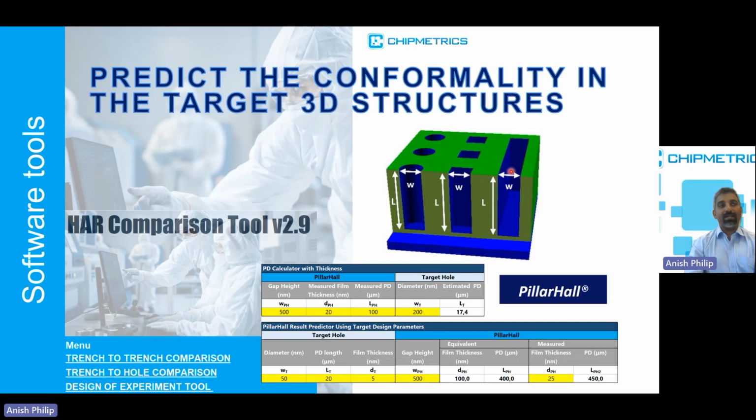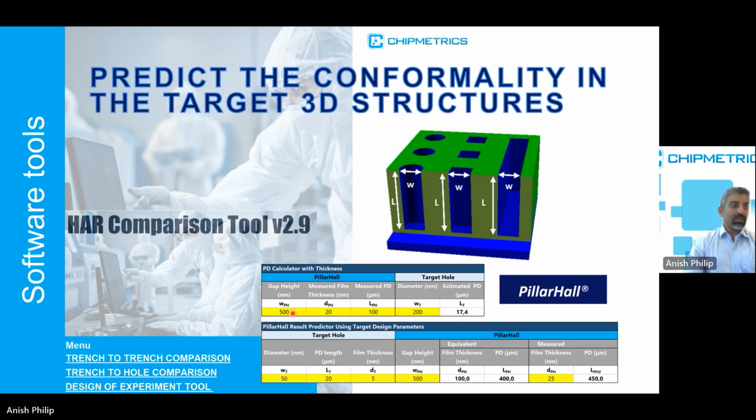You need the hole diameter, or the side of your square, and the penetration depth you get from the PillarHall chips after the ALD or CVD deposition. Then you also measure the film thickness, and using the Gordon equation and giving these inputs into our calculator, where the yellow cells represent the inputs, you can predict the penetration depth of your process.